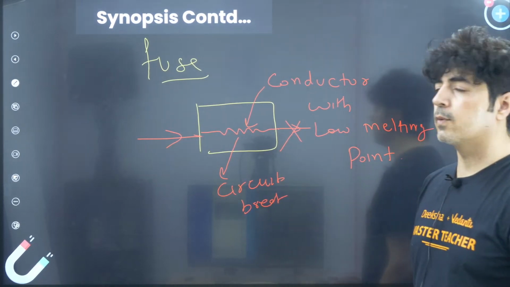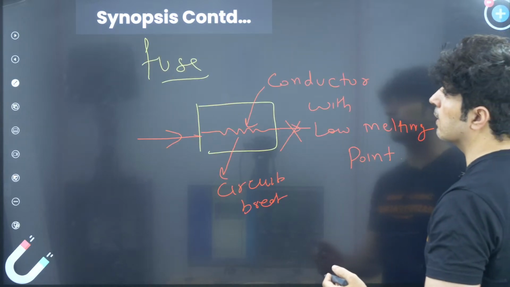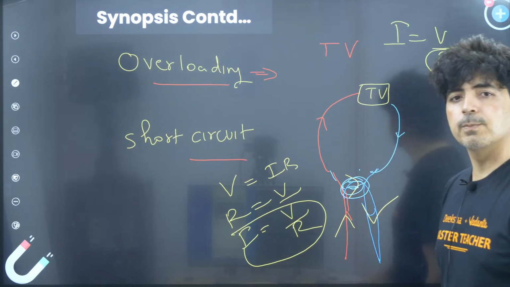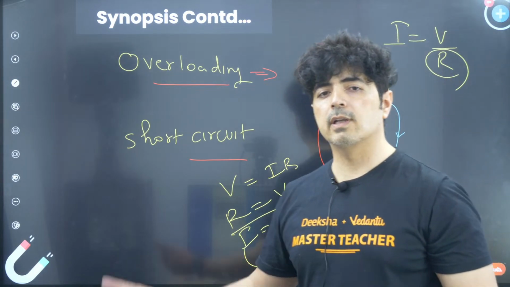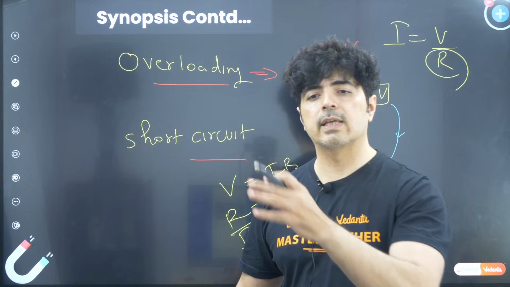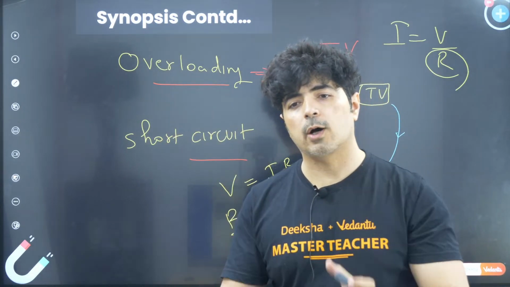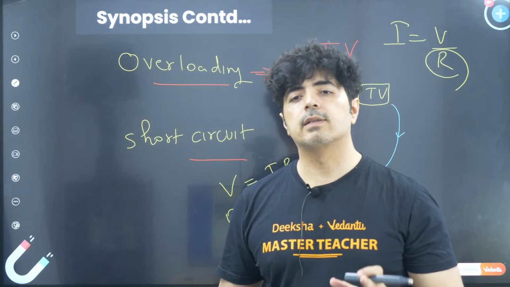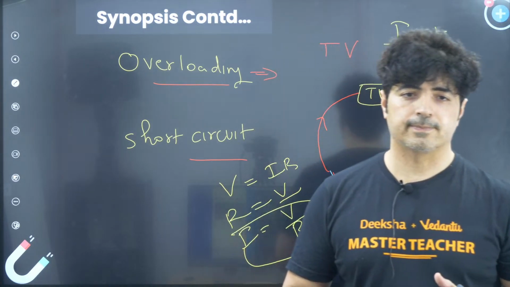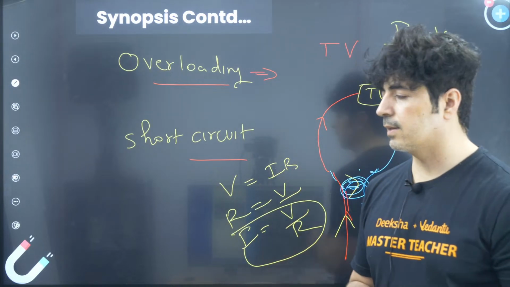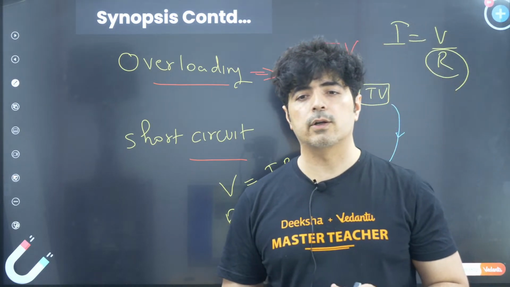When you have a large current, the fuse burns and stops it. Even in case of overloading, whenever there is a large demand of current, the fuse burns and stops it in the way, and it saves our appliances, saves everything. I hope this is absolutely clear to everybody.